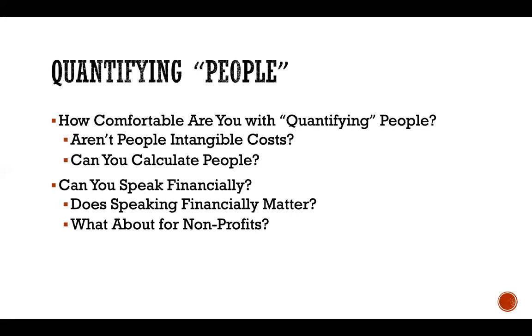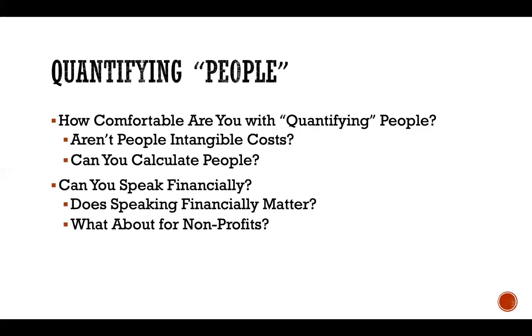But if you as a manager cannot speak financially about people, then it's going to be hard to get the budget. Now, some people might ask, well, in nonprofits, can you really do that? Obviously you can, and using this article as a baseline might give you a way to have those conversations, even if you're working in a not-for-profit.